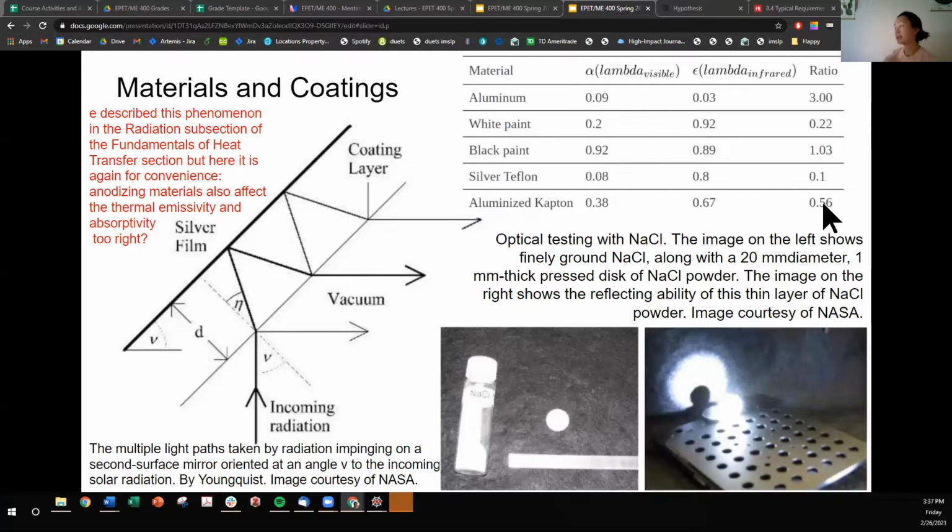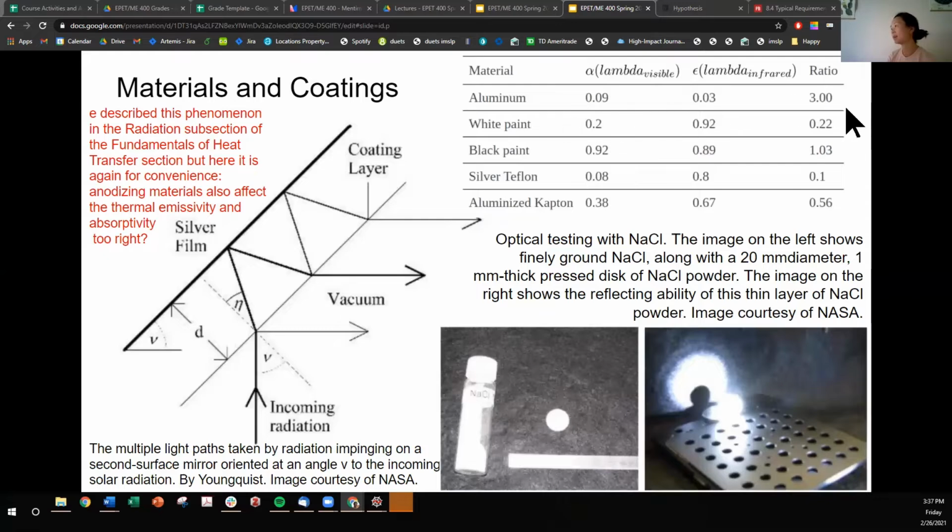Now, the ratio is a relative concept. So despite this ratio of 3 being in favor of absorbing more than emitting, you're still not going to have that much absolute heat transfer because these numbers are quite low.